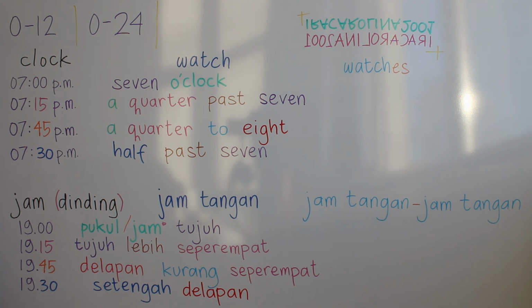In Dutch, the number is also from 0 to 24, but the separation uses a colon.